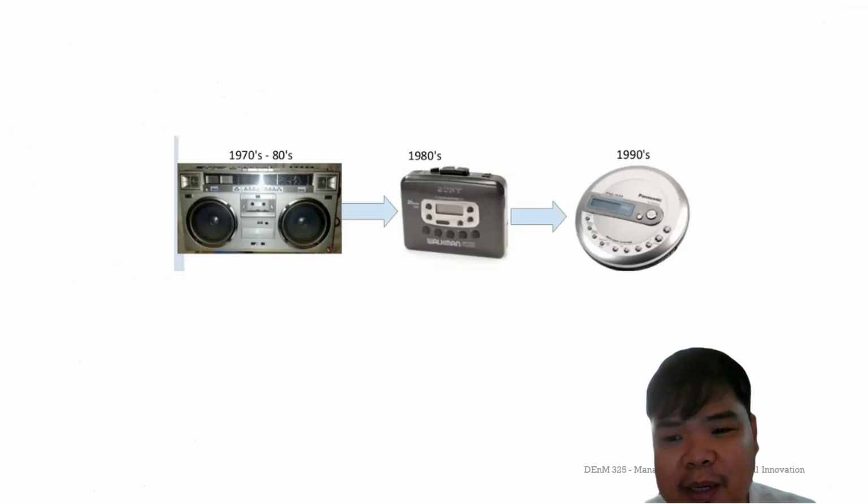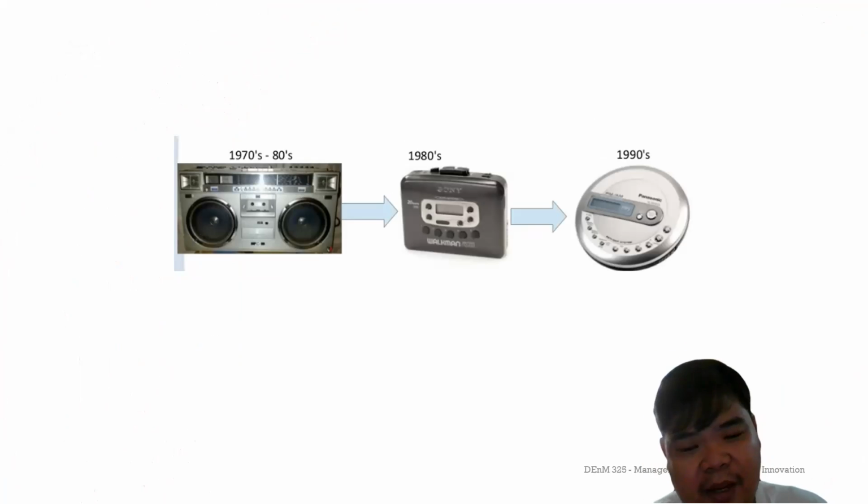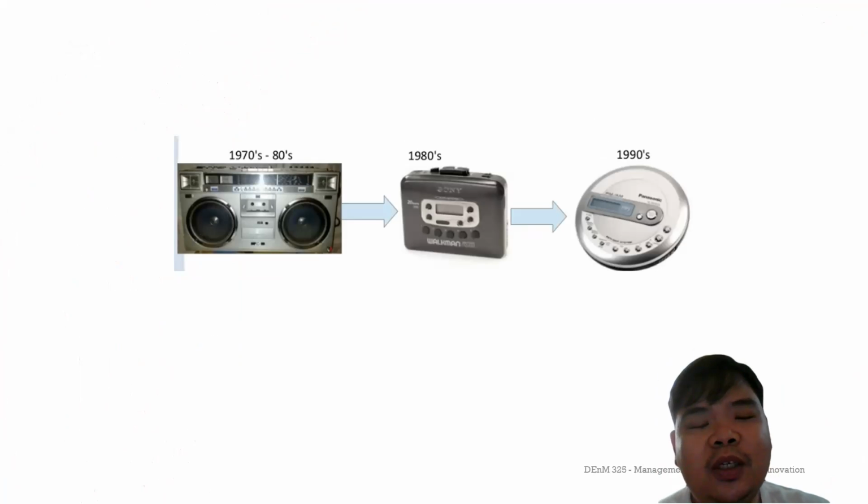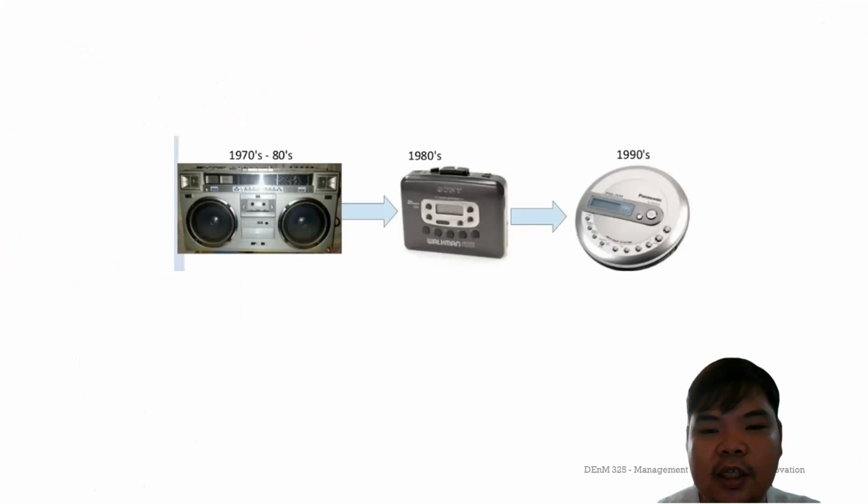It became an MP3 player, like the iPod, right? The media players, and so on and so forth. Now we have Spotify, right? So these are examples of emerging technology, which actually derive from established technology.